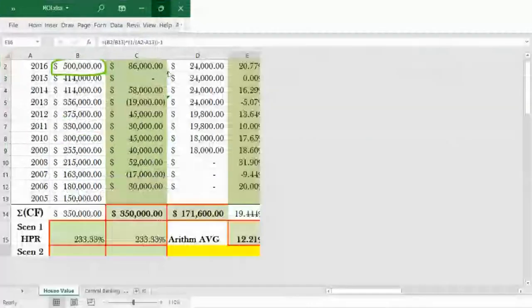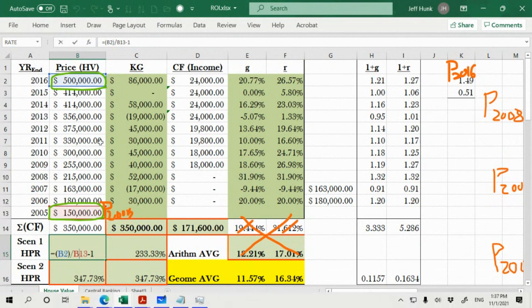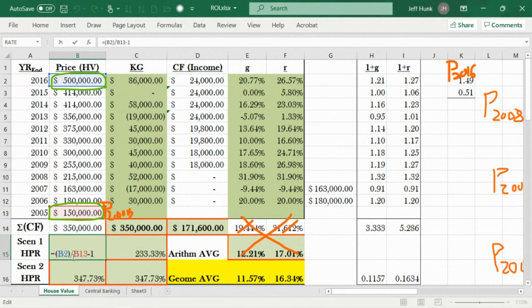Even though I had this Excel file, I forgot about that. So you should remember this file, right? You must remember this file. And at the time, I said, in scenario 1, we know what the holding period return is. Basically, oh, this is not right.